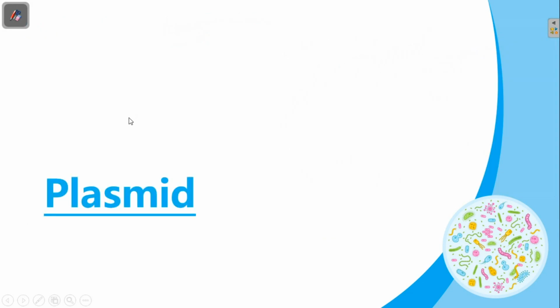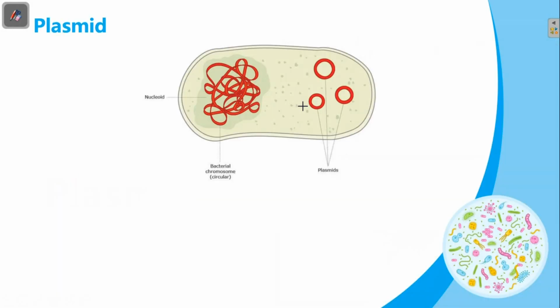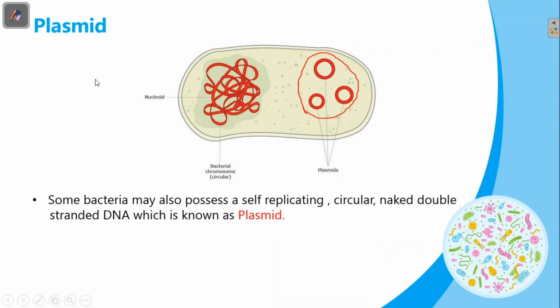Along with chromosomal DNA, most bacteria also contain small independent pieces of DNA called plasmids. These extrachromosomal DNA are located outside of the nuclear region. And these plasmids are self-replicating DNA.